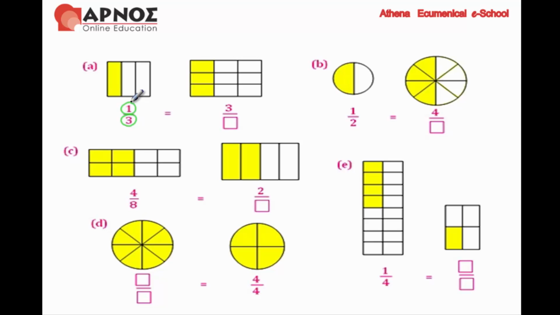We have a fraction whose numerator is 3, meaning that we have used 3 parts of the whole, which consists of how many parts? 1, 2, 3, 4, 5, 6, 7, 8, 9. So, the number 9 is the denominator of that fraction.